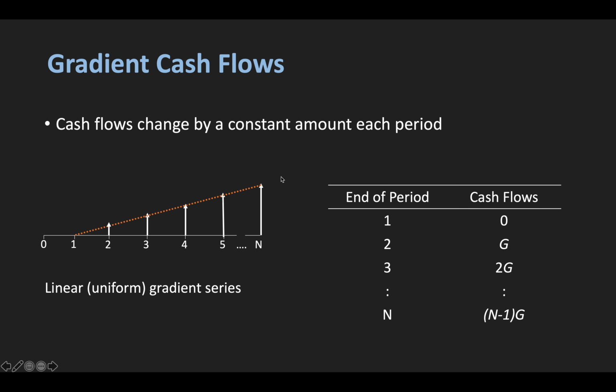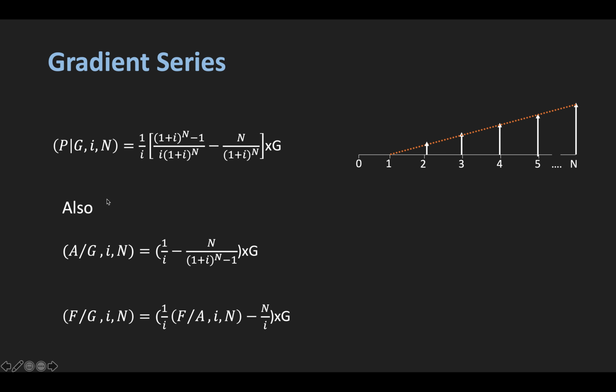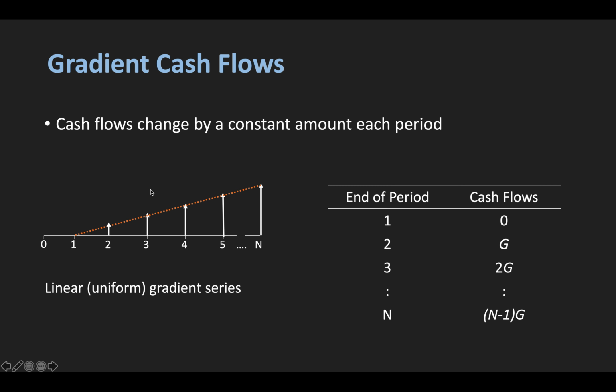So here's the question. We already said at period 1, it has to be 0. What if it doesn't happen at 0? So what if it's $100, $200, $300, $400, $500, $600?